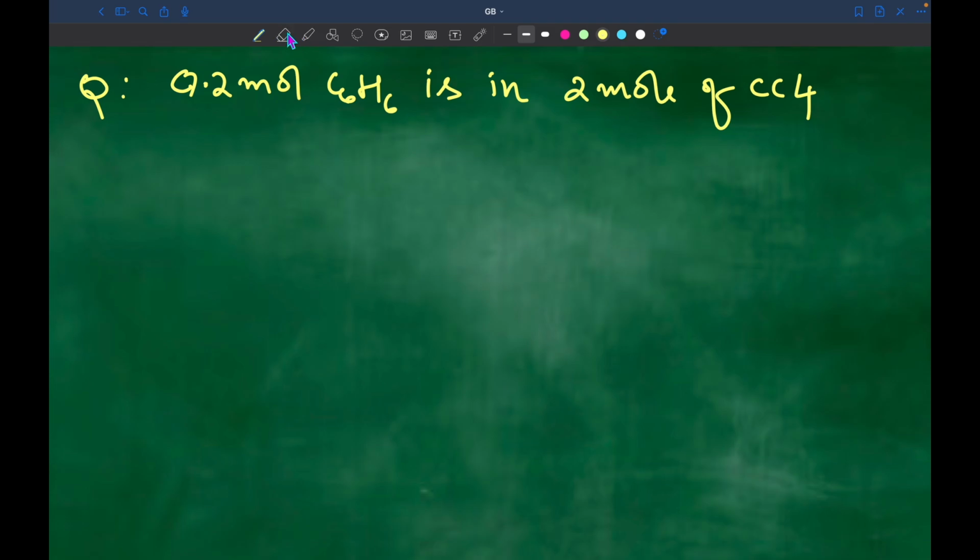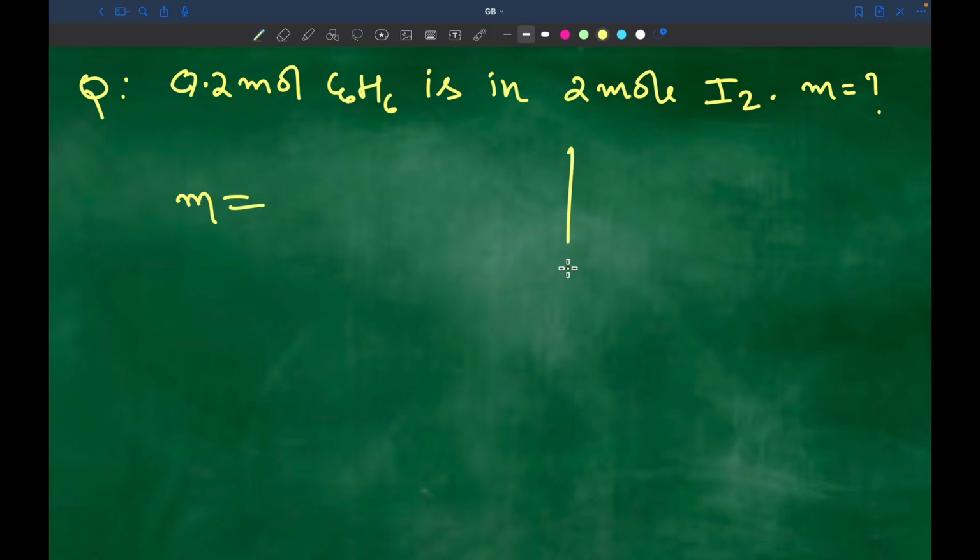Yeah, I'll take iodine, 2 moles of iodine. So what is its molality? You can do it through mole fraction, otherwise moles are given, right? So how can we solve this? Molality equals, my solute is 0.2.